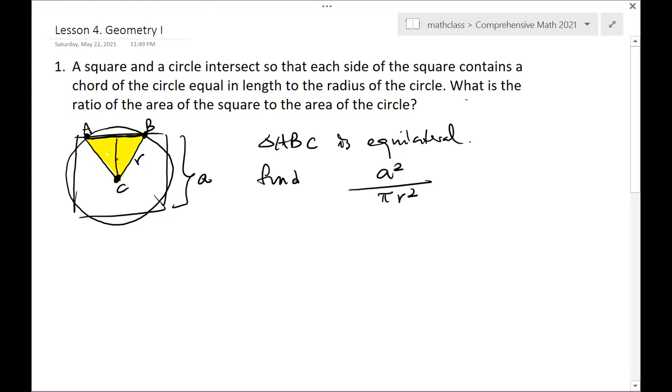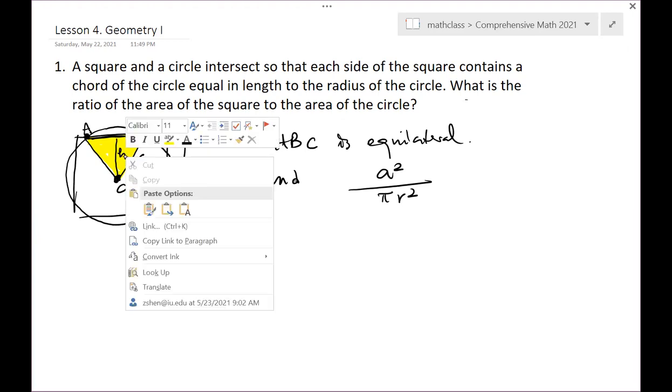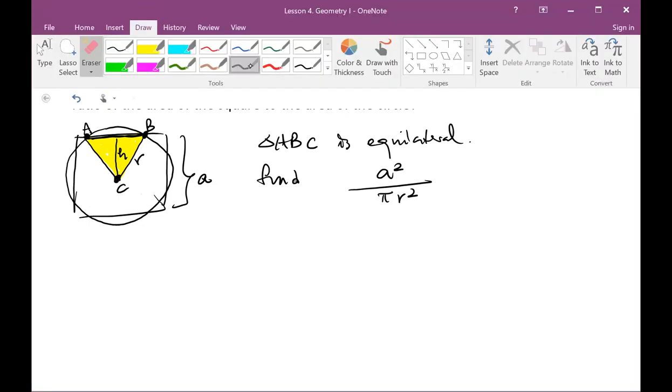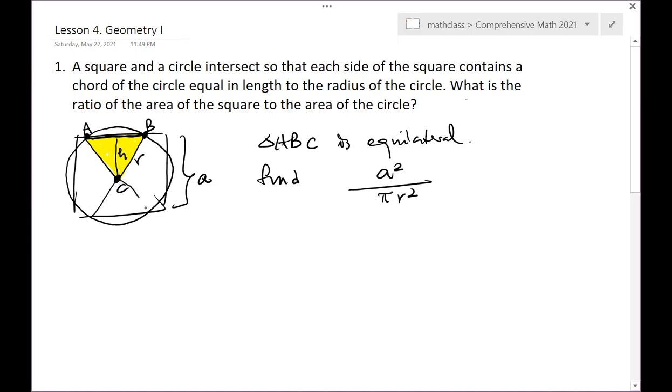So if this height is called H, then you have another identical equilateral triangle here on the other side, right? So that means that's also H. So you see that A is going to be 2 times H.